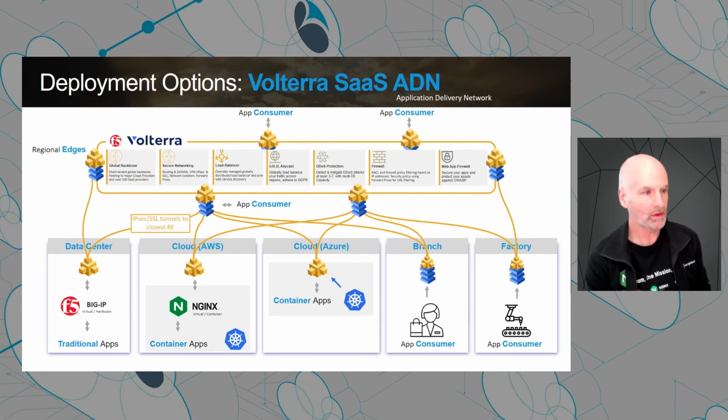And that's really what you can think of Volterra as, an on-ramp to your cloud environments, but an on-ramp that automatically deploys the connectivity into the cloud environments. But as I mentioned earlier with Edge 2.0, this is not limited to just the Volterra locations in your cloud environments. You can deploy this into branches, into factories, into offices, anywhere really that you have, like I mentioned, storage, compute, and networking.